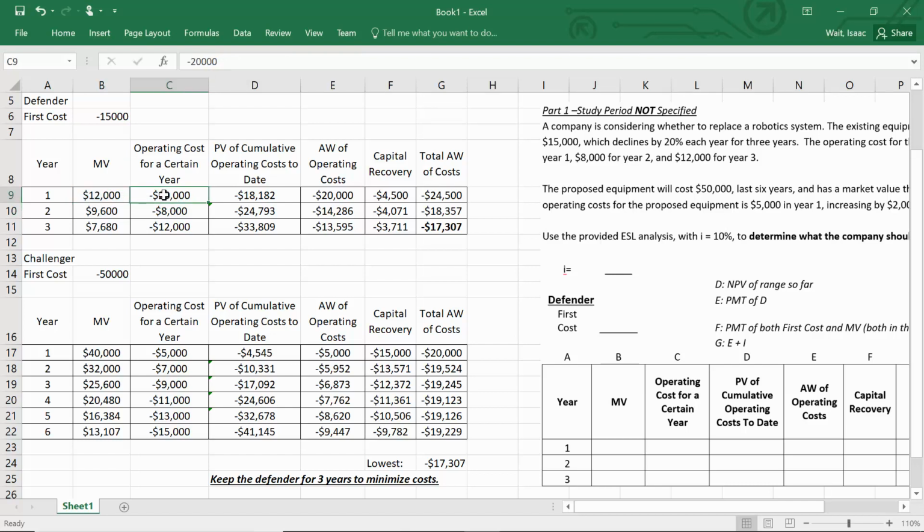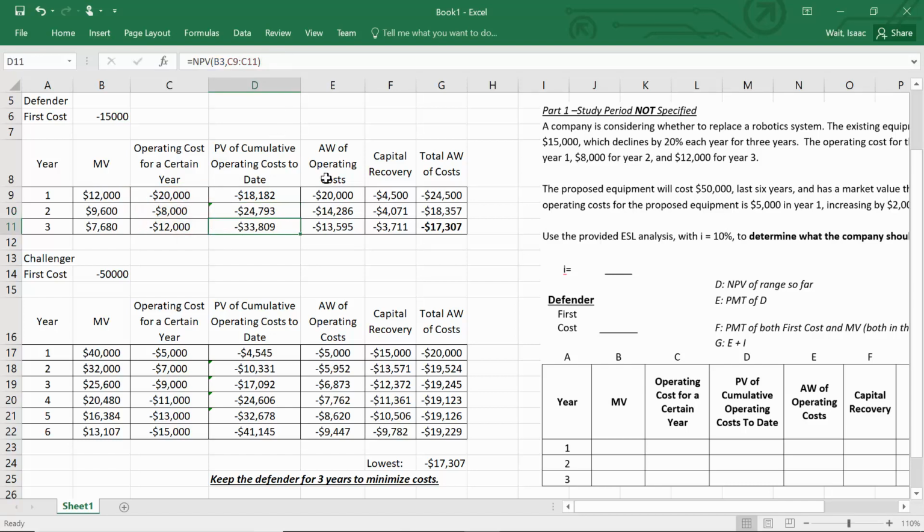Okay, the operating costs were defined directly. Now the PV of the cumulative operating costs to date, that is where I'm using the NPV function, and each year it's just the cumulative amount, so it's all of the operating costs up until that row and including that row.